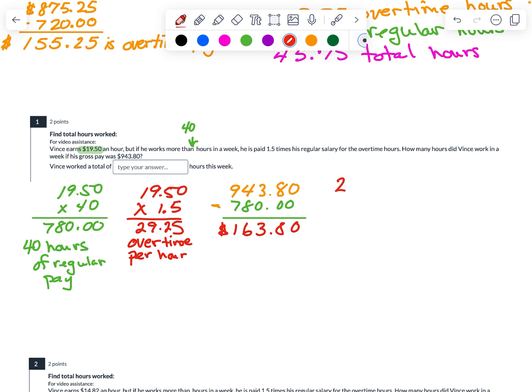So $29.25 for so many hours is going to equal $163.80. So x is going to equal 163.80.